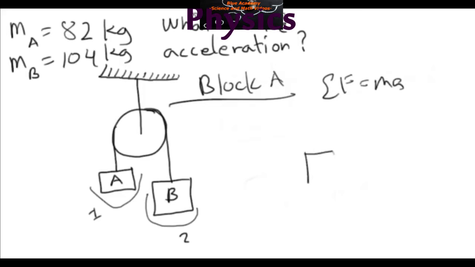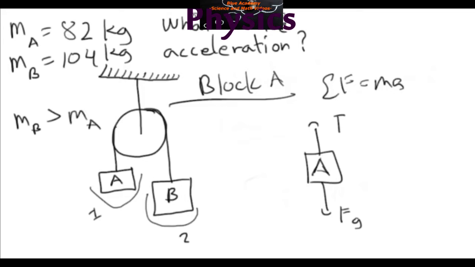There are two forces acting on block A: one is the force of tension, and the other is the weight, or the force of gravity. Because the mass of B is greater than the mass of A, I'm going to assume that the direction of the acceleration is going this way.